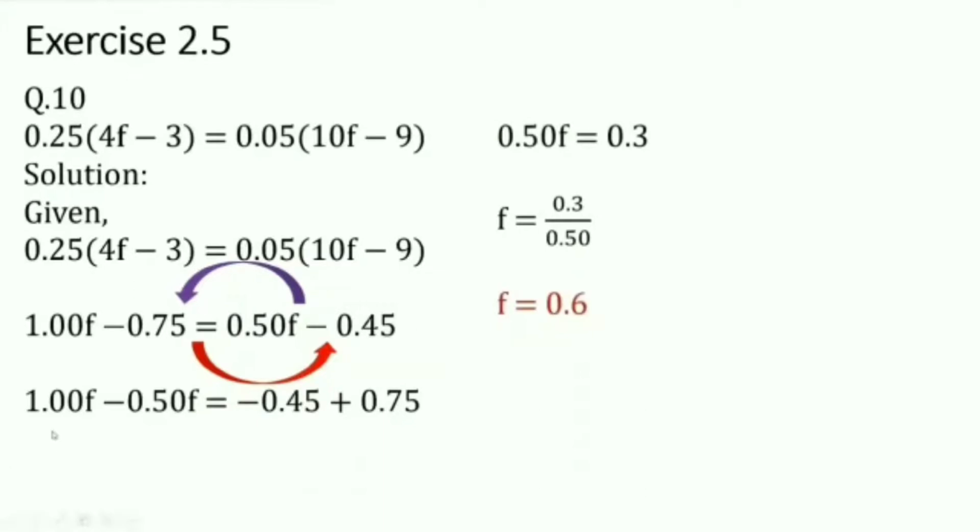So 1 minus 0.5 or 0.50, so it will be 0.50f is equal to 0.3, because minus 0.45 plus 0.75 will be 0.3 or 0.30. So f is equal to 0.3 upon 0.50, and further simplifying, the value of f will be 0.6.